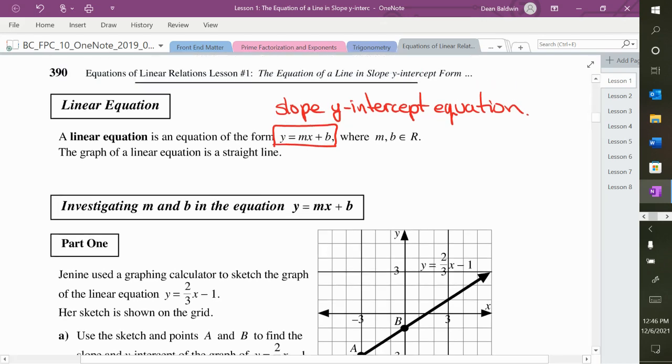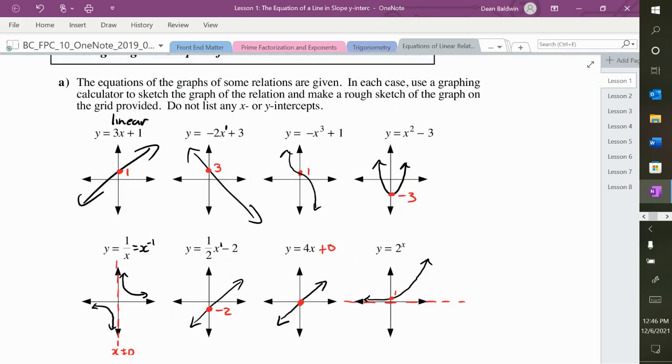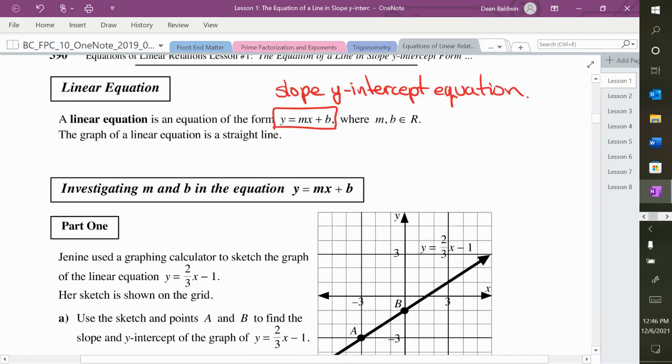What pieces of information did it give you on this page? What's this number? Y-intercept. What's this number? The slope. That's why it's called slope and y-intercept. Slope, if you remember, is m. B, the constant number, they just give it the letter b, is the y-intercept.